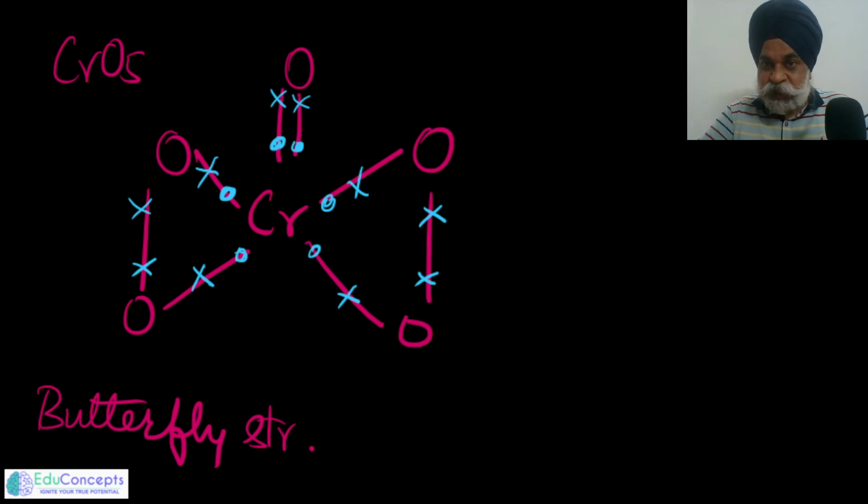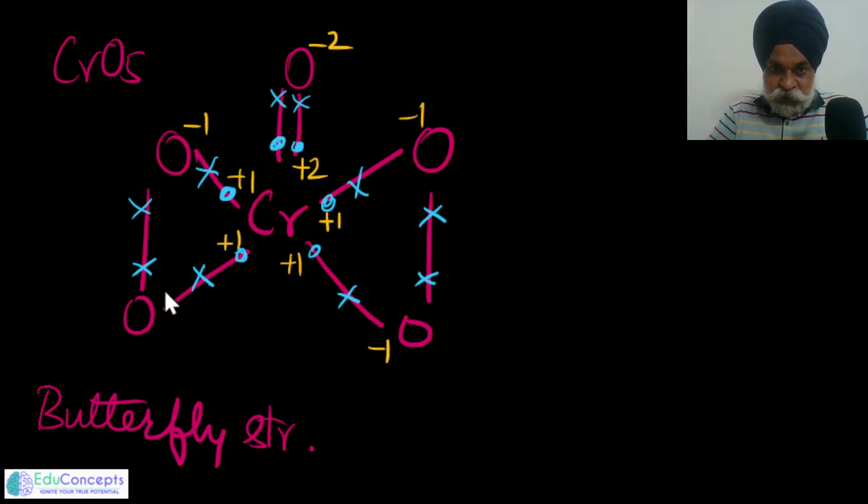Now you need to be a little vigilant while finding the oxidation state. From here plus 2 minus 2, from here plus 1 minus 1, plus 1 minus 1, plus 1 minus 1, plus 1 and minus 1. So you can see the chromium's oxidation state comes out to be plus 5.